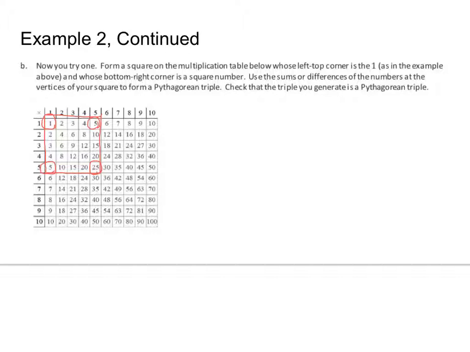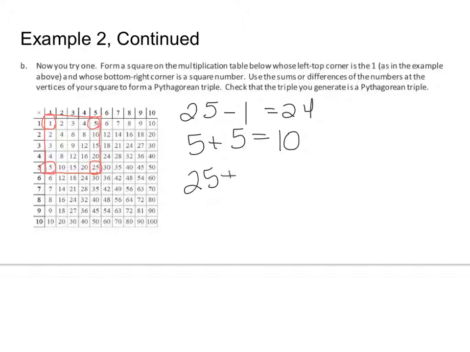Cool. So here I have 25 minus 1 is 24. 5 plus 5 is 10. 25 plus 1, I was looking at something else. 25 plus 1 is 26, and 25 minus 1 is 24.